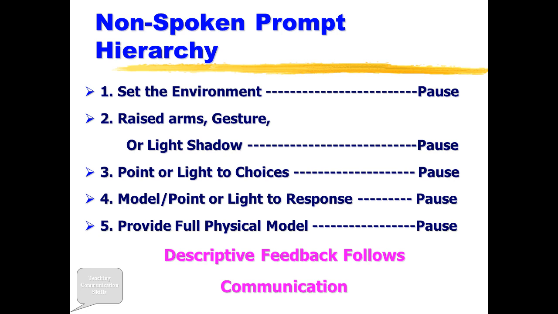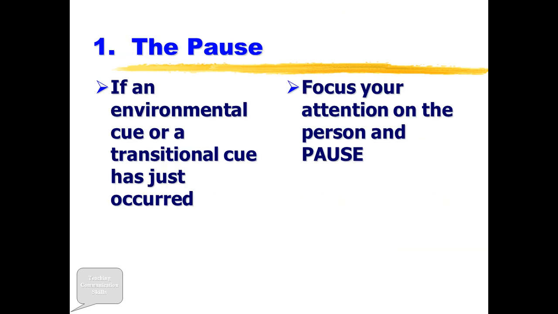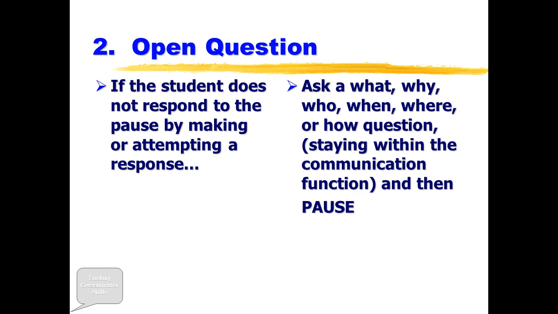So let me go through this on a step-by-step basis. And this is also a measure of our data collection, at which level of the prompting hierarchy you need to go down to, and that's what you mark on a data collection sheet. So whether or not just the typical environmental cue worked, and they spoke with their communication system by just you pausing at a natural cue, whether or not you needed to ask some kind of an open question.